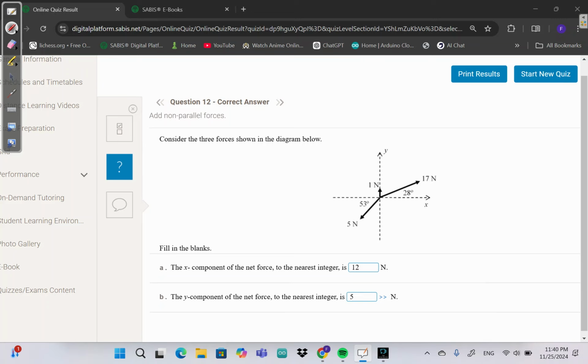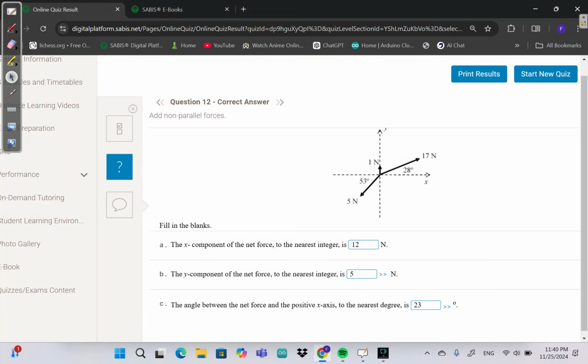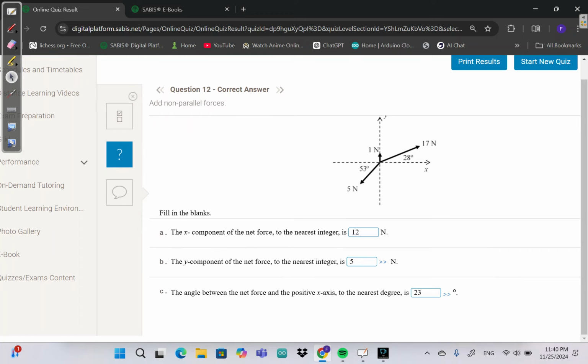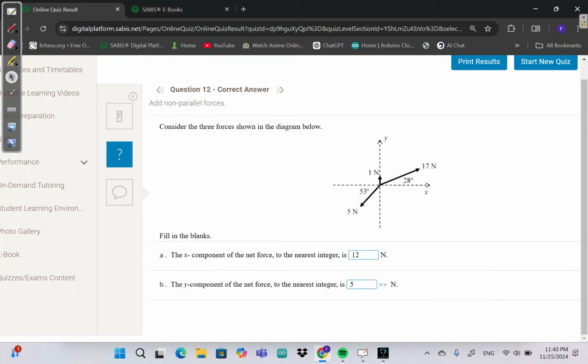Okay? So they want the angle between the net force and the positive x-axis. So let's say this is the force. They want this whole angle. Now we know that the x component is 12.